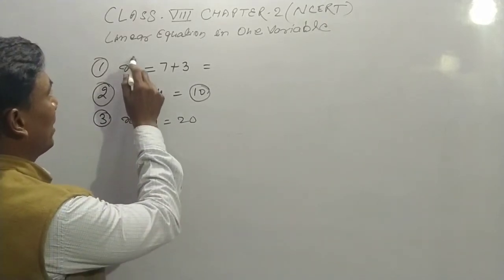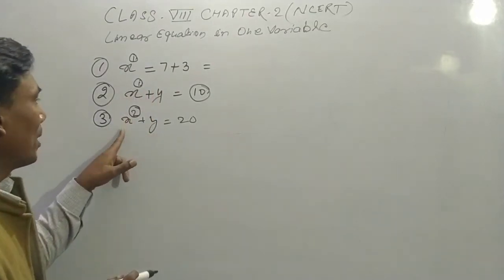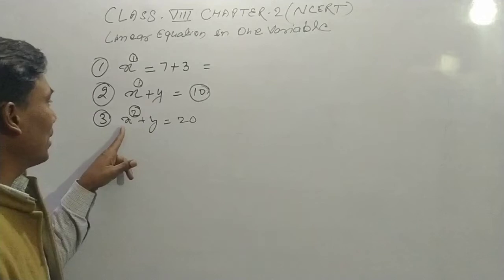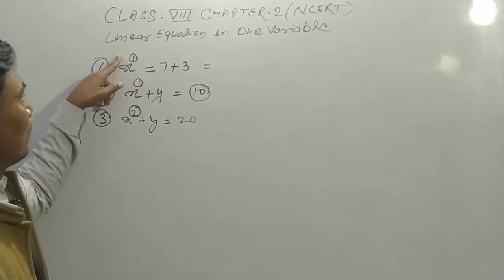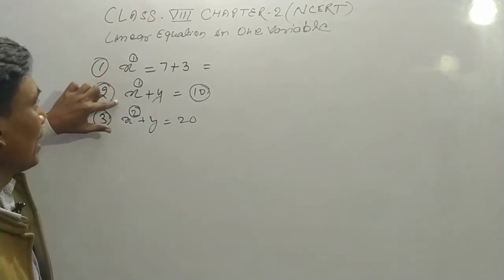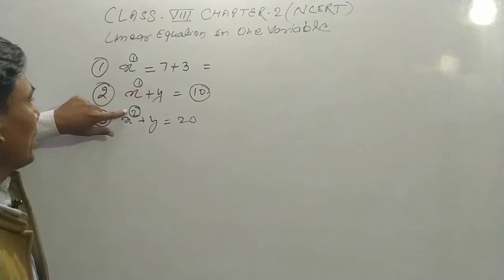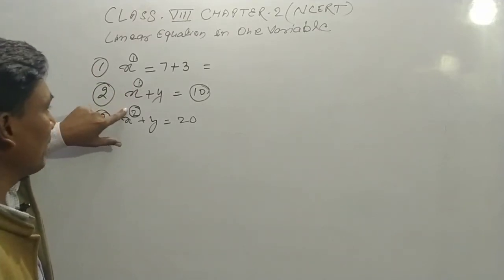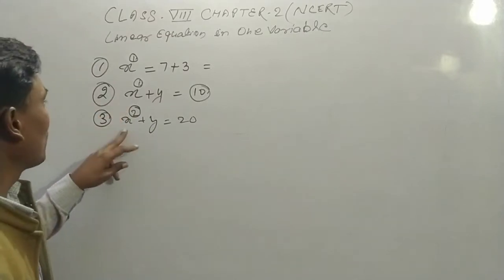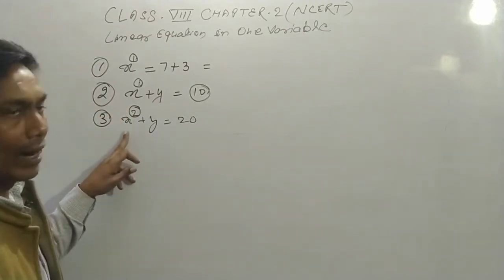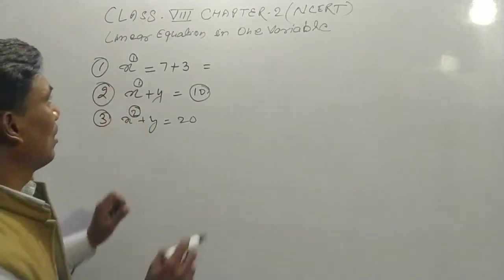In the first and second equations the exponent power is 1, but in the third equation the exponent power is 2. So we can say that the third equation is different from the first and second.